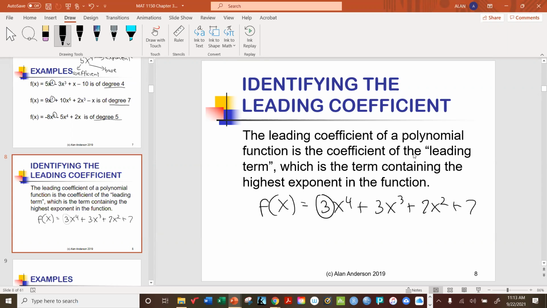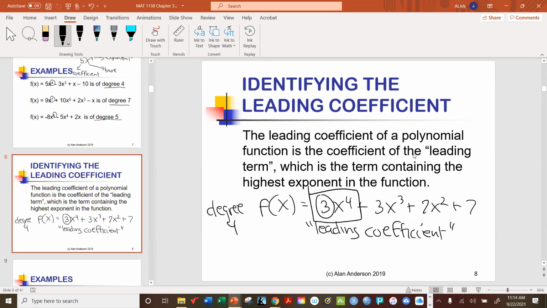So this becomes the leading coefficient. It's a very simple idea. Because this is a degree 4 polynomial, we find the leading coefficient in this term. And that's all there is to it. The leading coefficient is simply the coefficient of the term with the highest exponent.